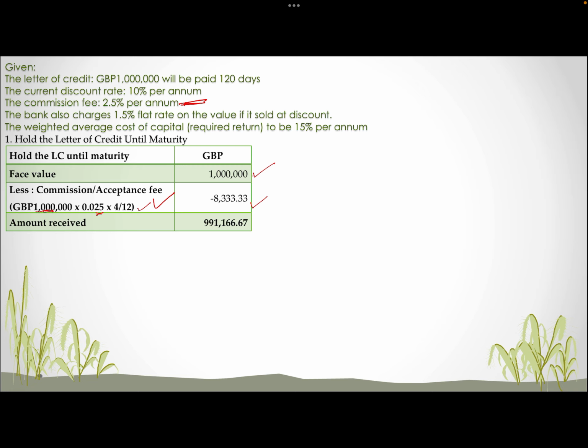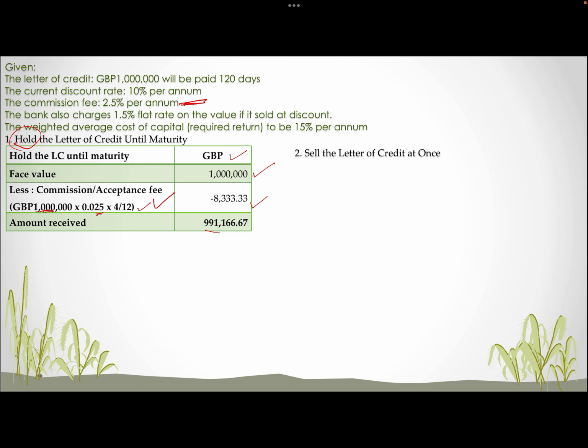Face value less the acceptance fees, so the amount received by Nico Shoe in GBP is 991,666.67 after 4 months, if the company holds the letter of credit until maturity.